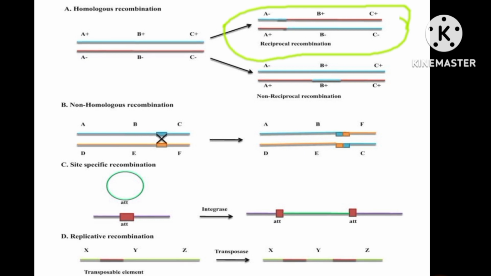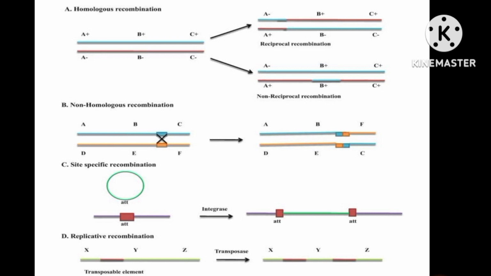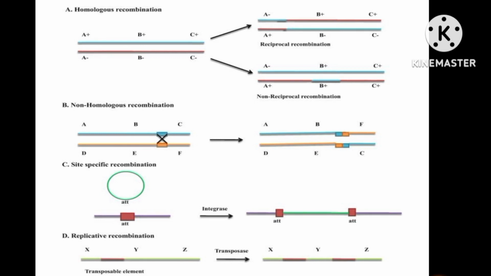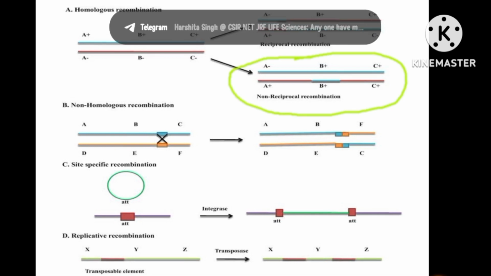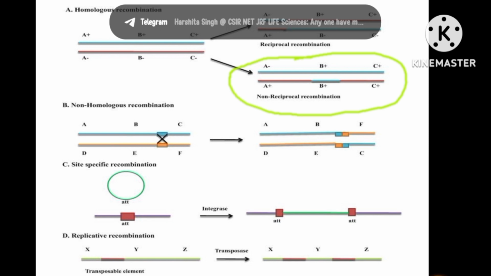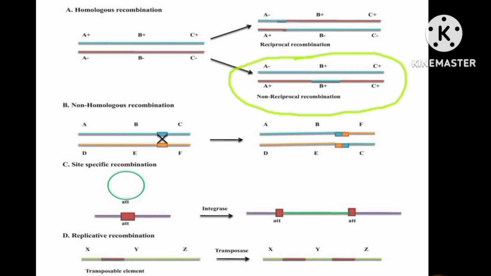This kind is reciprocal recombination. In the second type, non-reciprocal recombination, you can see that B positive was exchanged by a B positive fragment, but neither segment was transferred from the red one to the blue one. So the transfer is only one way, and it is called non-reciprocal recombination.